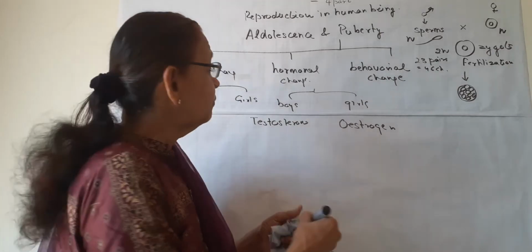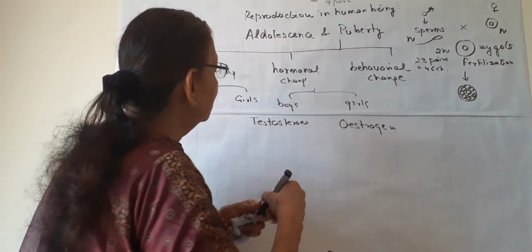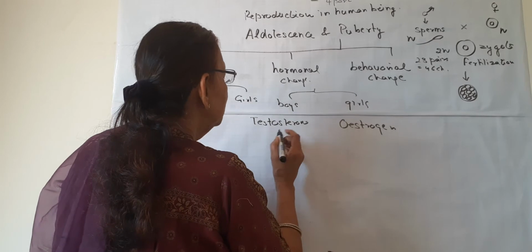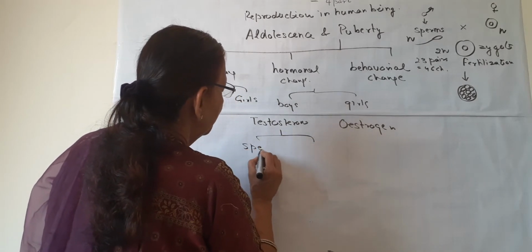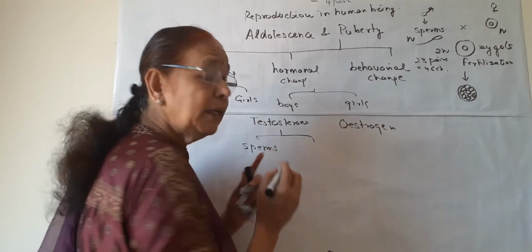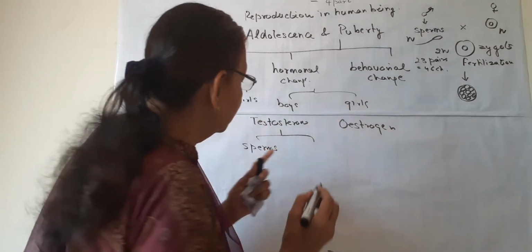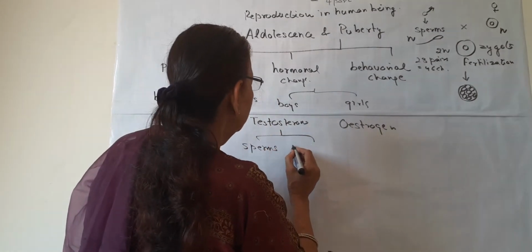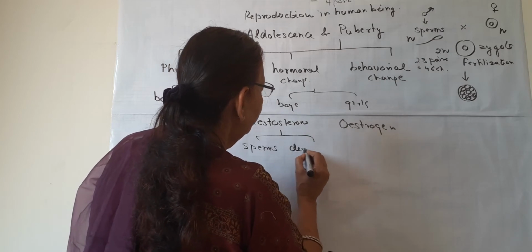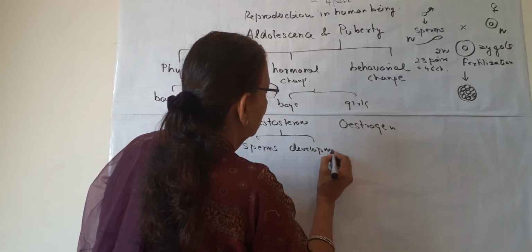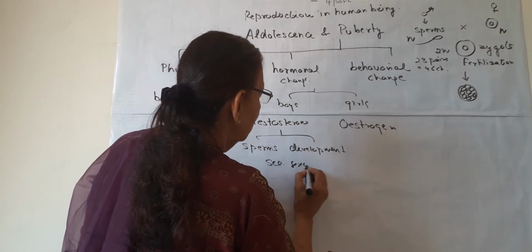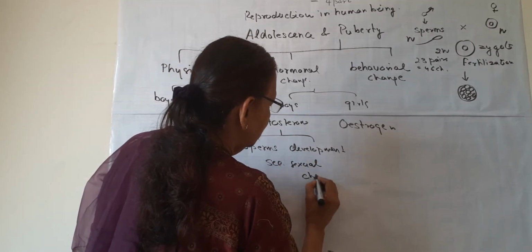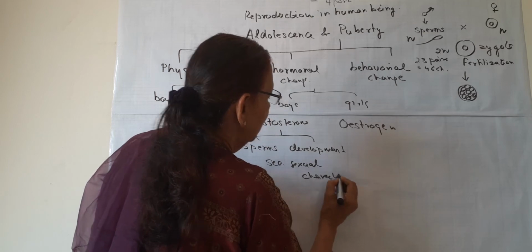And what happens when this secretion increases? In boys, testosterone helps in formation of sperms in the testes. And secondly, it helps in development of secondary sexual characters. What are secondary sexual characters?